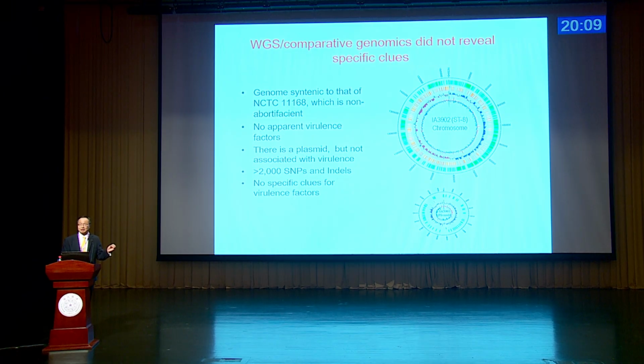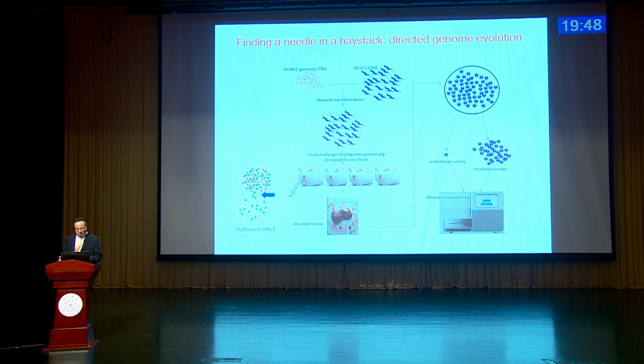We demonstrated that by curing the plasmid, kicking out the plasmid, and nothing happens with virulence. And there are many different, of course, small changes, SNPs, but with these small ones you cannot really tell which ones are specifically related to the virulence. So the bottom line is that just by doing comparative genomics, that did not give us too many clues.